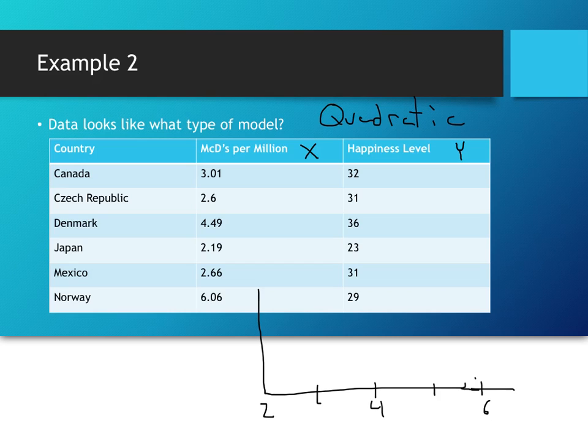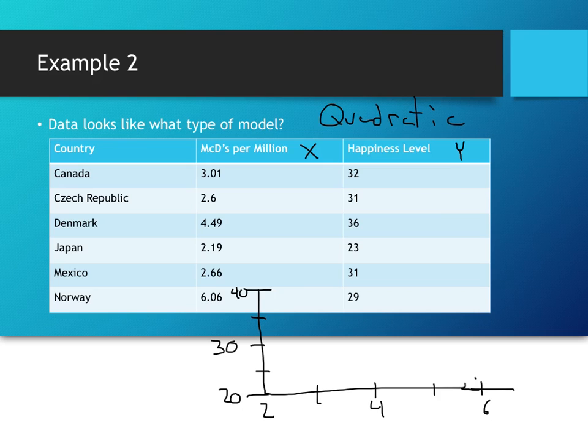And same thing with the happiness level. Here we go from anywhere from 23 to 36. So if the top is 40, I'll start at 20, 30, 25, 35.